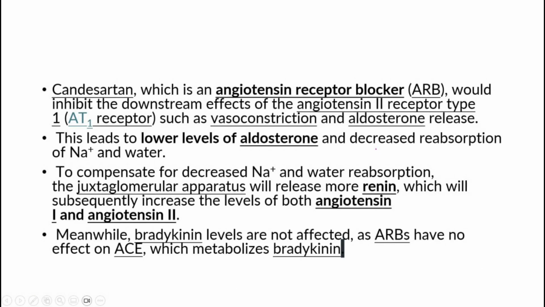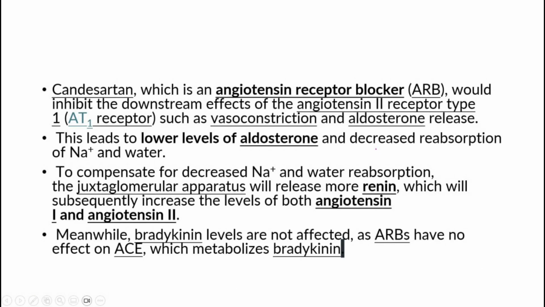This leads to a lower level of aldosterone and decreased reabsorption of sodium and water. To compensate, the JG apparatus, that is the juxtaglomerular apparatus, will release more renin, which will subsequently increase the level of both angiotensin 1 and angiotensin 2. Meanwhile, bradykinin levels are not affected, as ARBs have no effect on ACE.